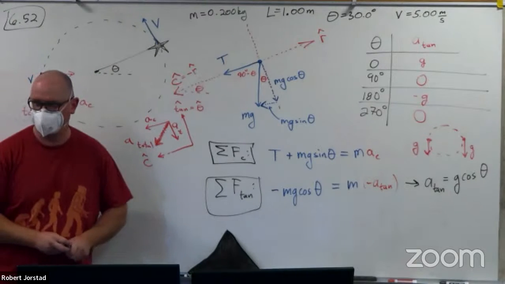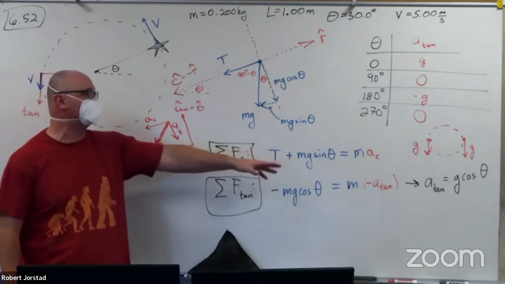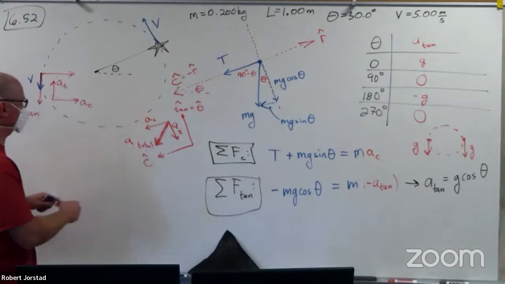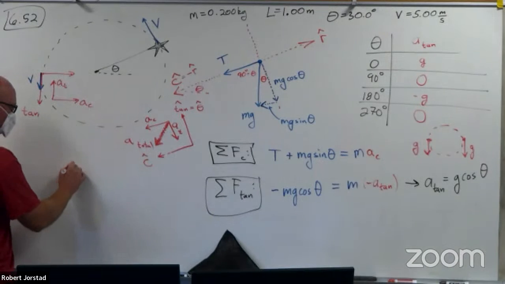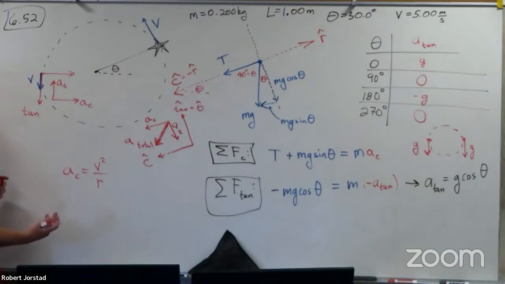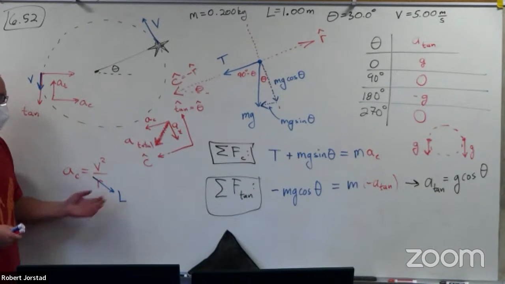Got it? At this point, do you agree you can plug in 30 degrees and learn anything? You can plug in all these numbers and learn whatever you wanted. In particular, there's one last piece of this puzzle. We would say AC is V squared over R. Well, in this case, our radius is L, the length of the string. We've got numbers, we can plug in a bunch of stuff.